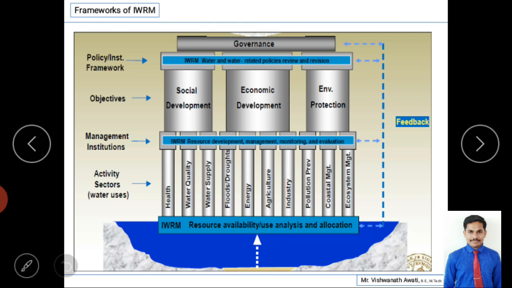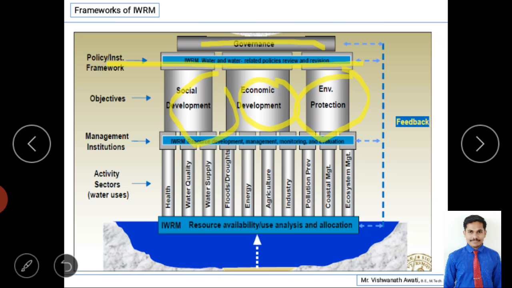Even here you can understand how they are using this, right? Here it is governance, right? And for governance, policy frameworks are required, and based on the policy and framework they can manage social development, economic development, and even environmental development.